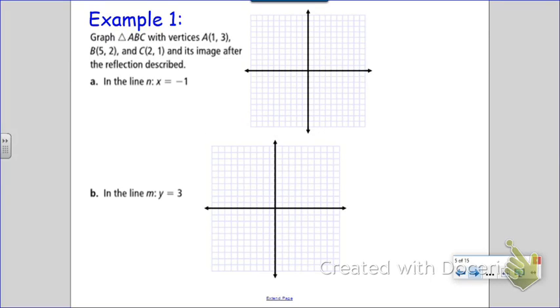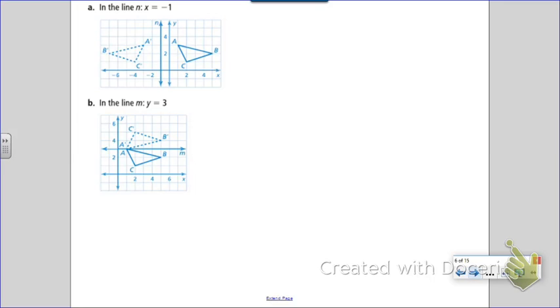If we reflect the image in the first one, here's our line of reflection, x equals negative 1. Here's the original image, and then for the reflected image, we're going to count over the same number of units to the left as we were from the line to the right.